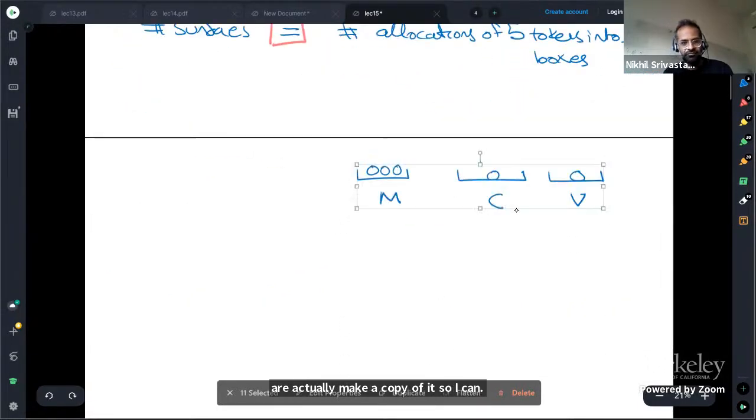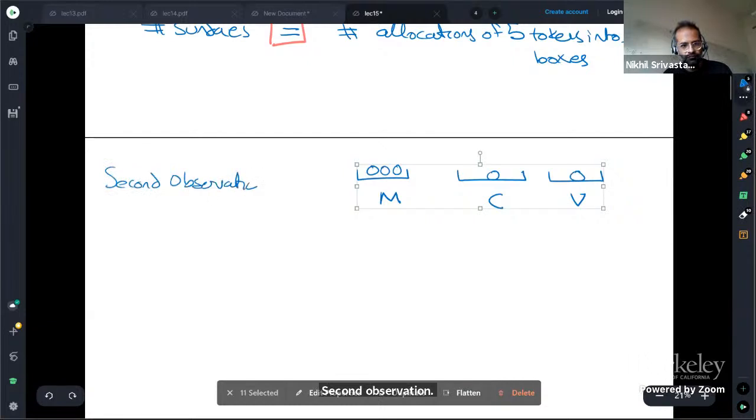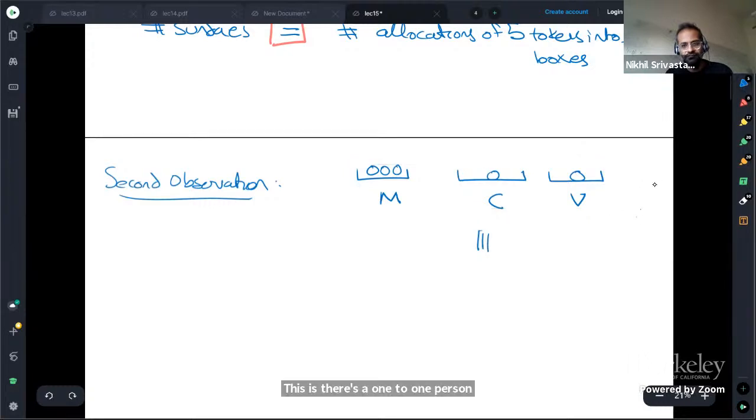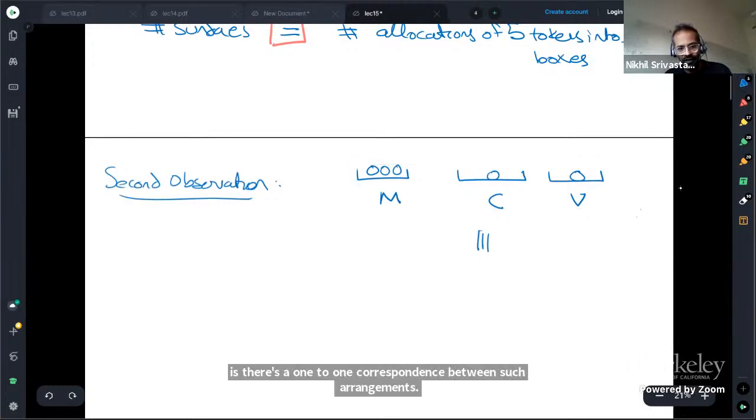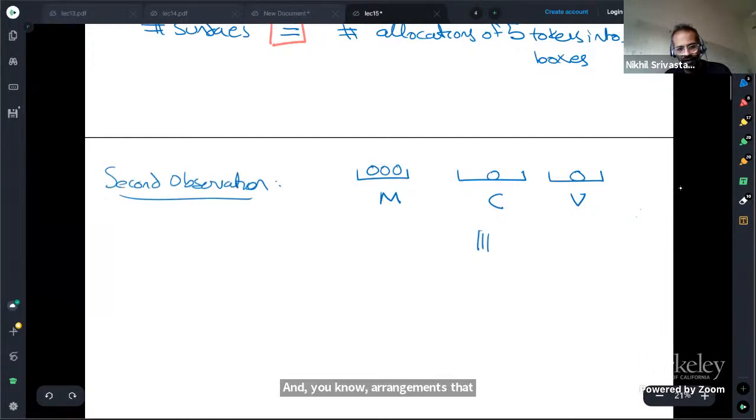So the second observation is that if I take an allocation of tokens into boxes, there's a one-to-one correspondence between such arrangements and arrangements that look like, well, okay, let me just do it like this.